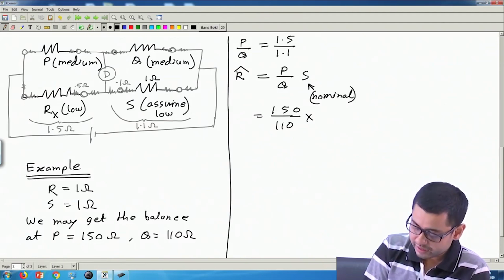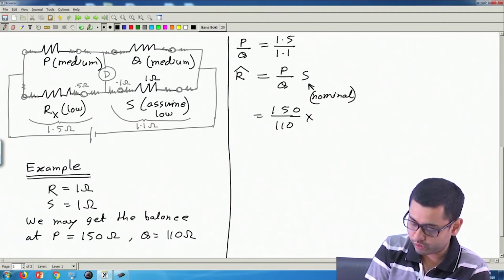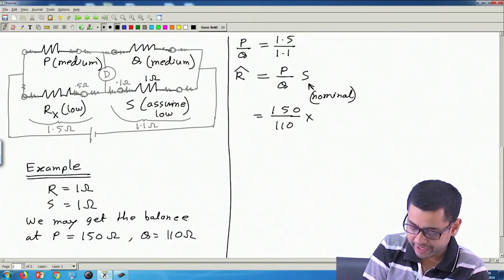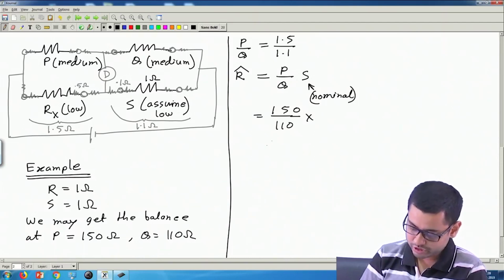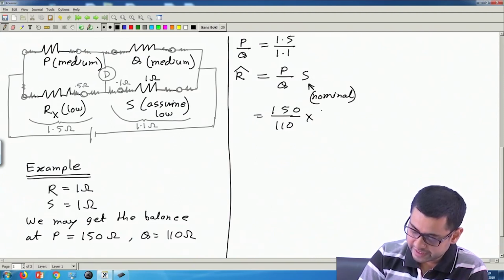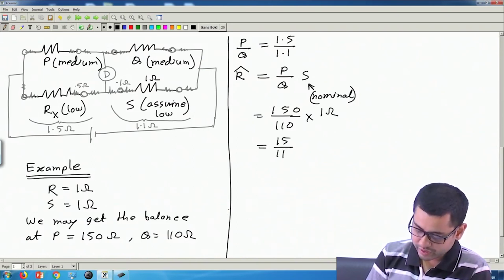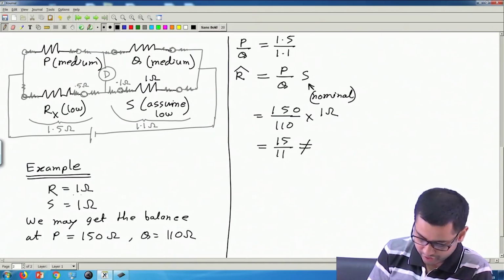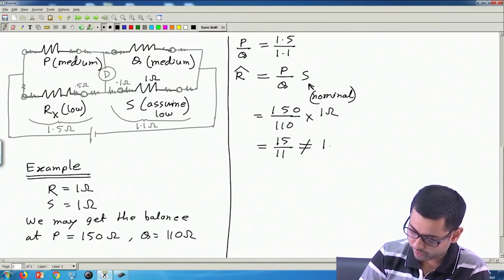We know that the nominal value of S is 1 ohm. We have no idea about any of these contact resistances. So therefore, we will put the nominal value, which is 1 ohm, and this will come out to be 15 by 11. Okay, which is not the same as this value of R, which is 1 ohm.